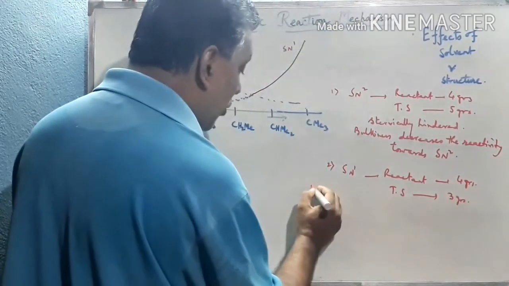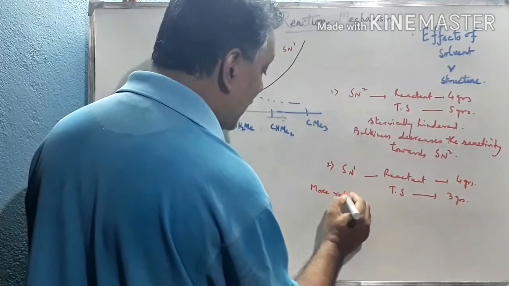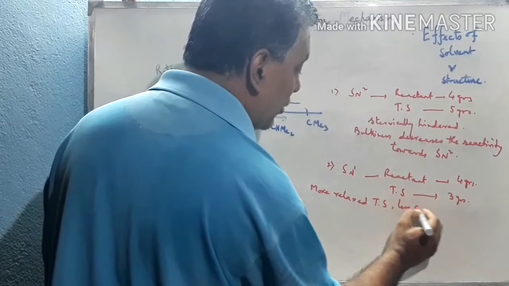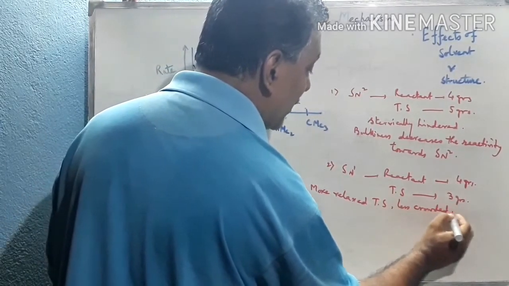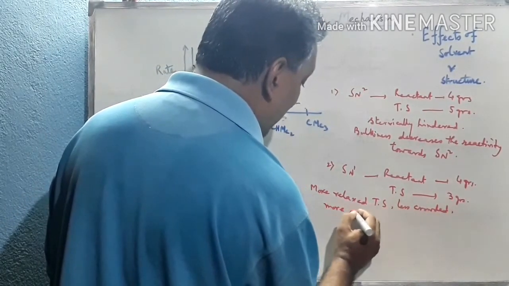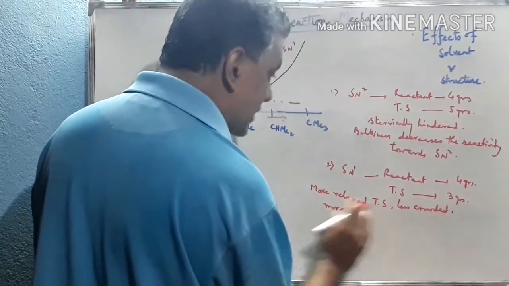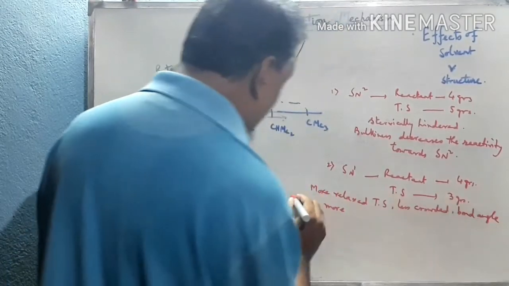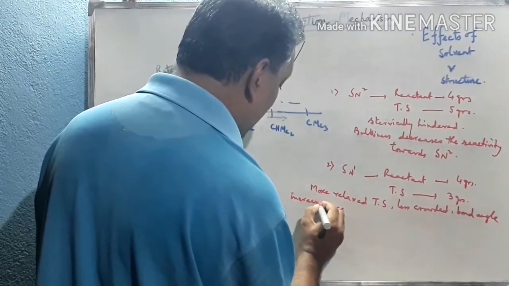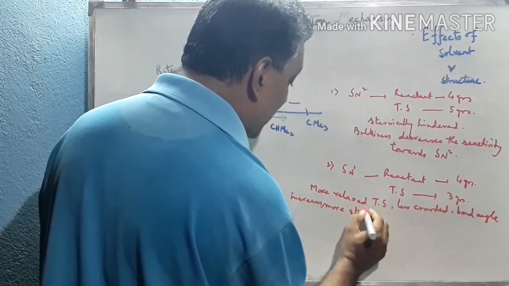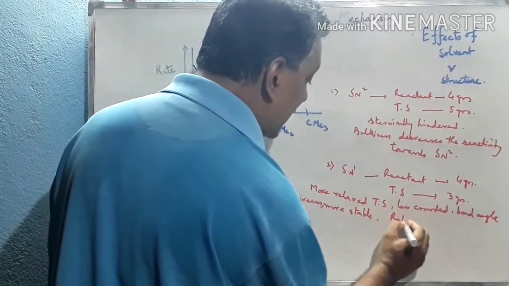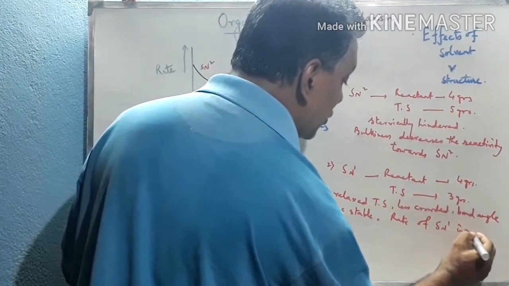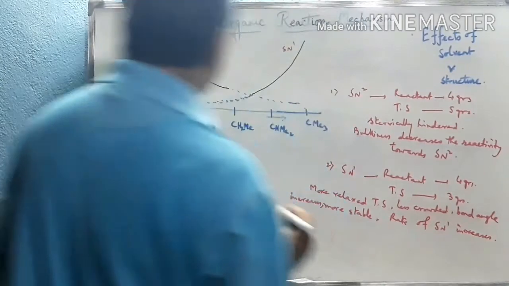So a more relaxed, less crowded transition state occurs, and the bond angle increases, hence it becomes more stable. The rate of reaction increases, the rate of SN1 increases. So these are the effects of the structure.